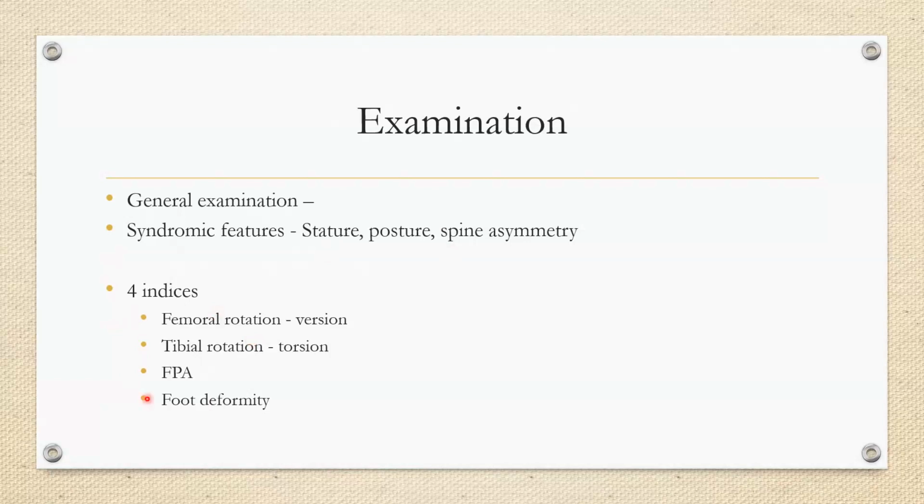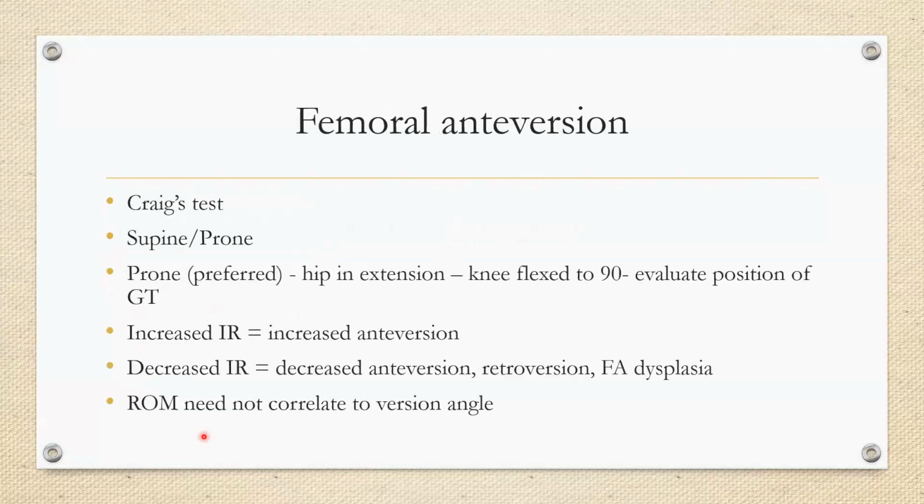So how do you go about measuring the femoral anteversion? As we know, it is the Craig's test, which can be done either supine or prone, but prone is more commonly preferred, since it mimics the walking position of the limb, the pelvis is stabilized better, and the angle can be measured better with the goniometer. It is done with the hip in extension and the knee flexed to 90 degrees, and the leg is rotated internally.